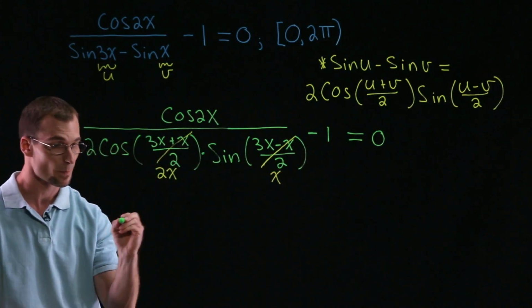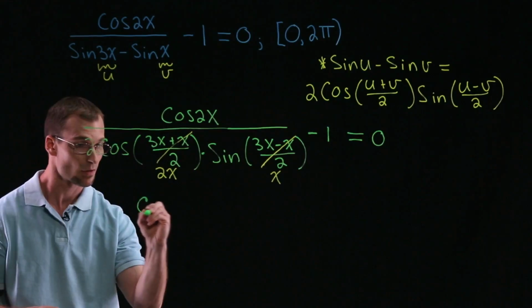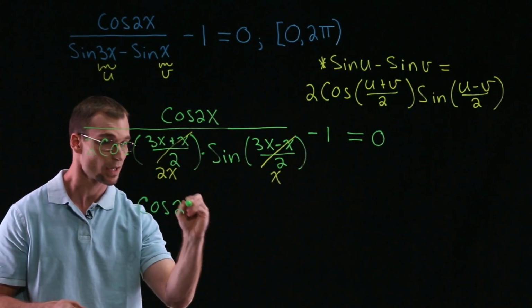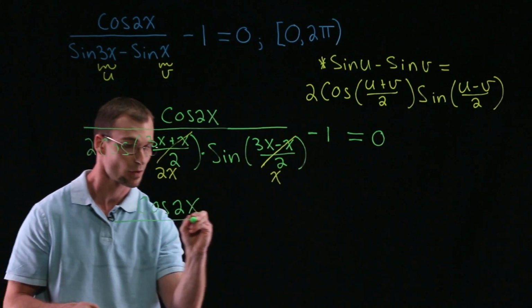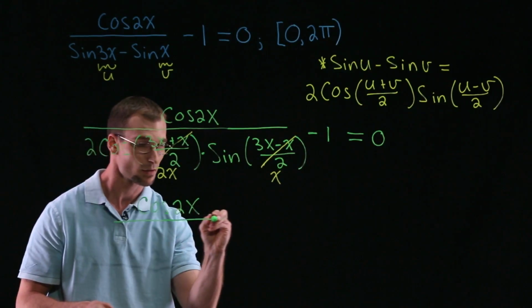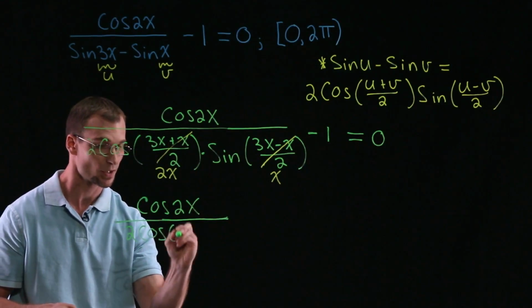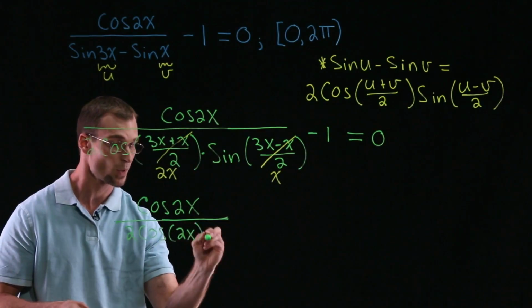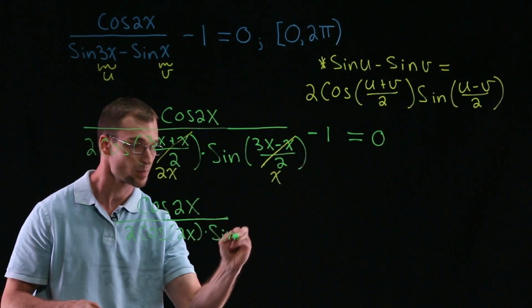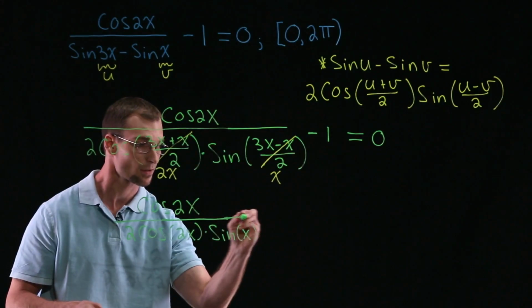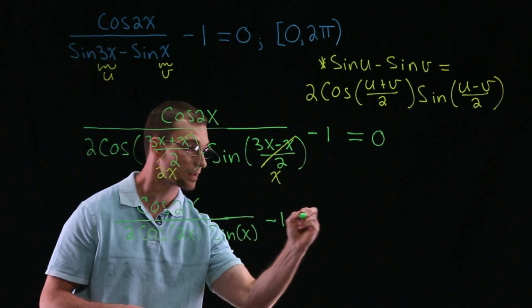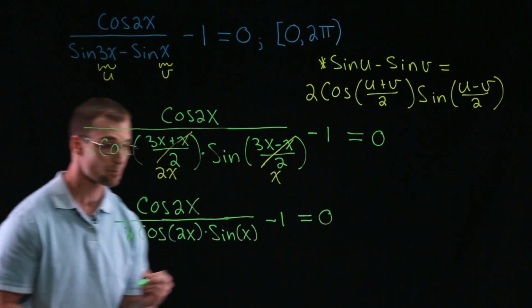So this can be rewritten as cosine 2x in our numerator, all divided by 2 times cosine of 2x times sine of x, minus 1 equal to 0.